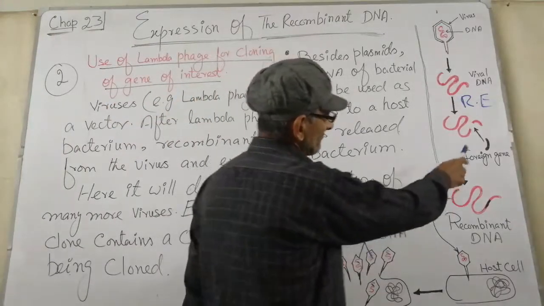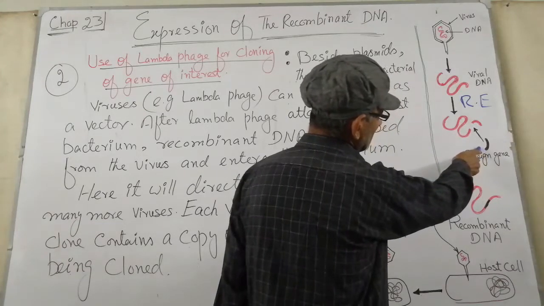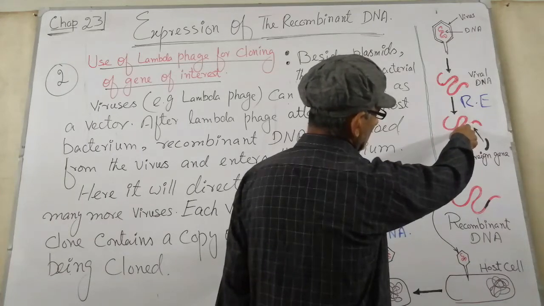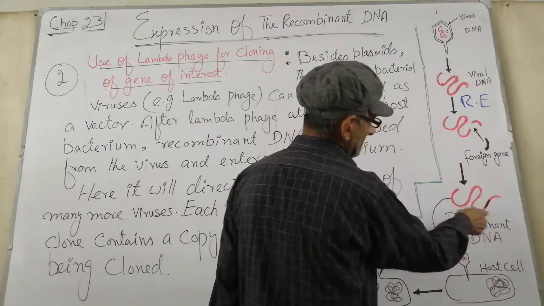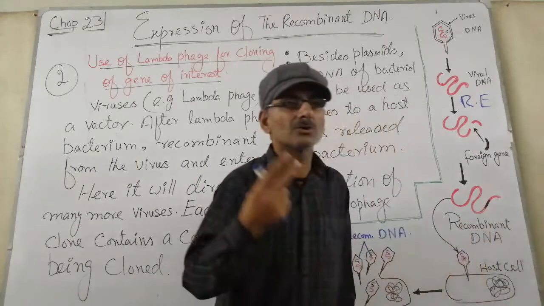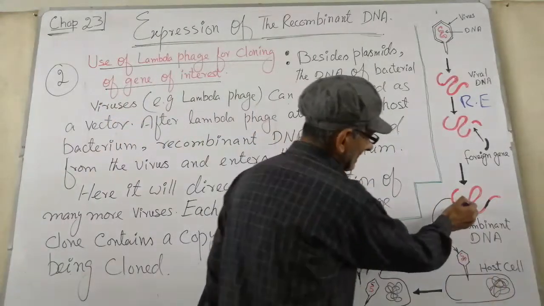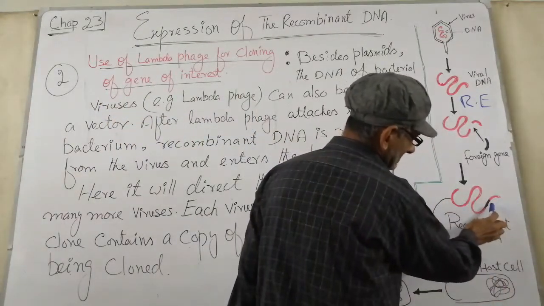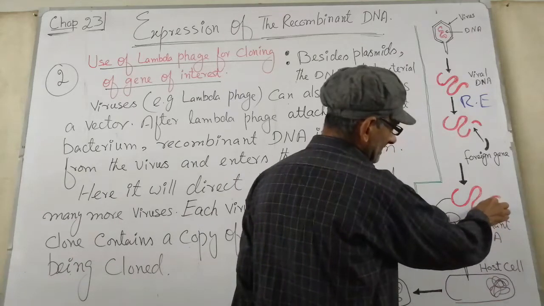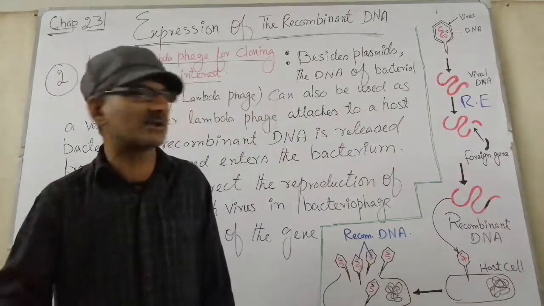And so, when with the help of the ligase enzyme this foreign gene is attached to the viral DNA, it will transform into recombinant DNA, because this DNA contains two DNAs from different sources. This DNA is the viral DNA, and this, which is shown in black color, is the foreign gene, and so these two DNAs, when combined together, form the recombinant DNA.